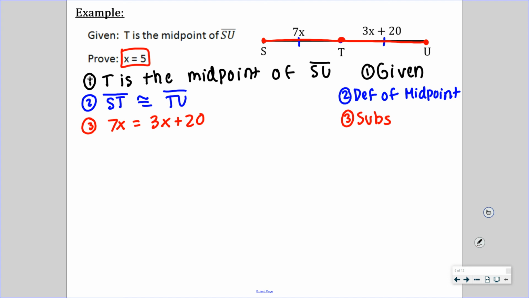Okay, from here it's just a little algebraic proof. Now we just got to solve for x. So I subtract 3x from both sides. Subtraction property of equality. We get 4x equals 20. That'd be subs.